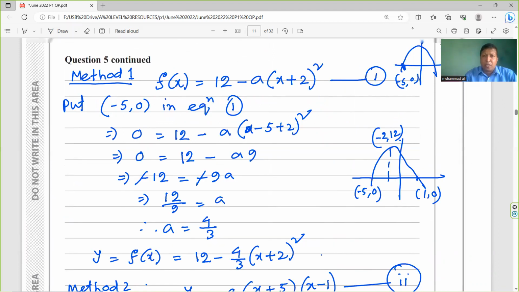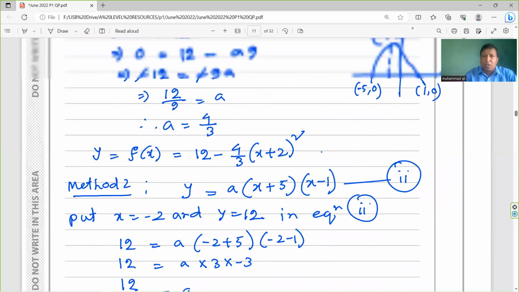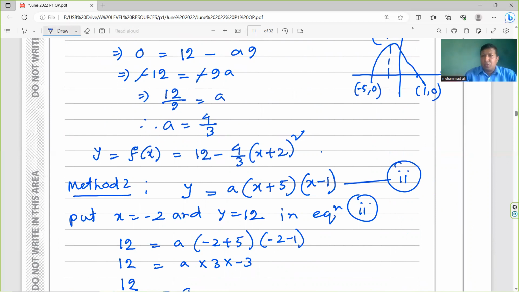The curve is cap shaped and passes through (-5, 0); put this value in and get the a value. Another method: the curve cuts the x-axis at two points, (-5, 0) and (1, 0). It is given, but we just find it out. We write down the equation, and this curve passes through (-2, 12). We put it in and get the value of a.